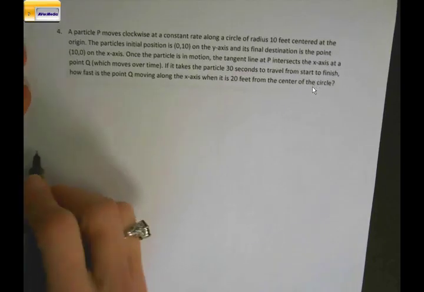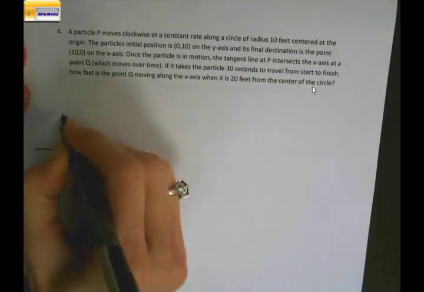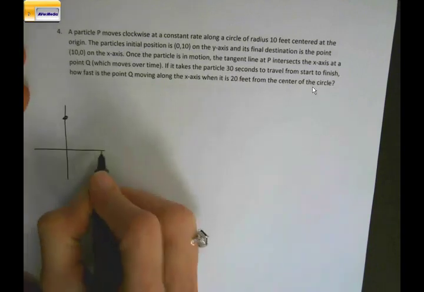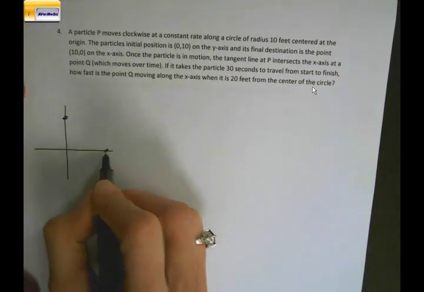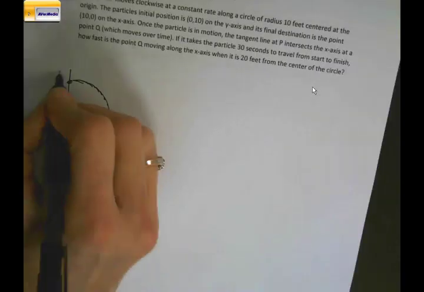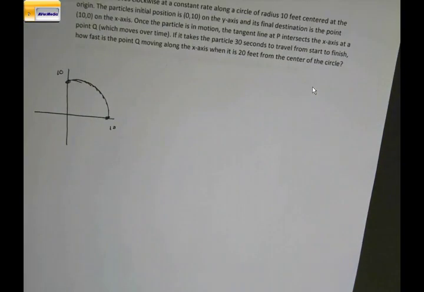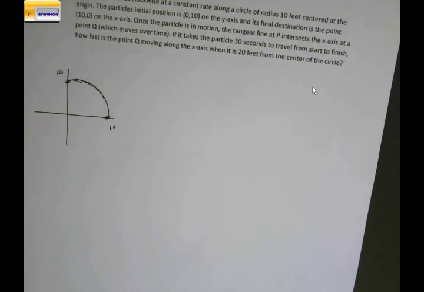Okay, so what this looks like, you got a circle with radius 10. Something like that. Particle P moves clockwise at a constant rate along a circle.